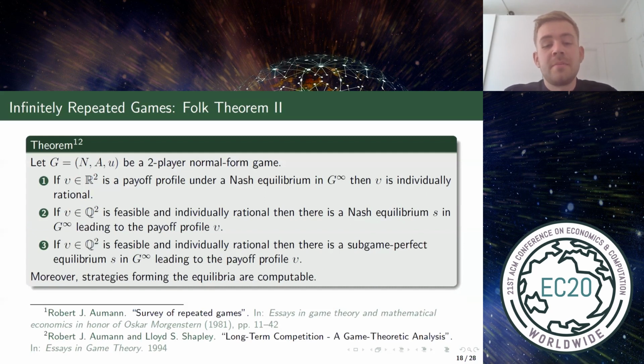The Folk theorem intuitively says that the set of payoff profiles achievable under an equilibrium, whether it is Nash or subgame perfect, is equal to the set of feasible and individually rational payoff profiles. However, we will use a slightly different form of the Folk theorem, again for computability reasons. Moreover, and this is important, the proof of the Folk theorem is constructive, and the strategies involved in the equilibria are computable.